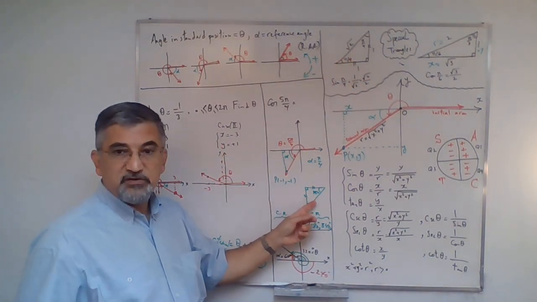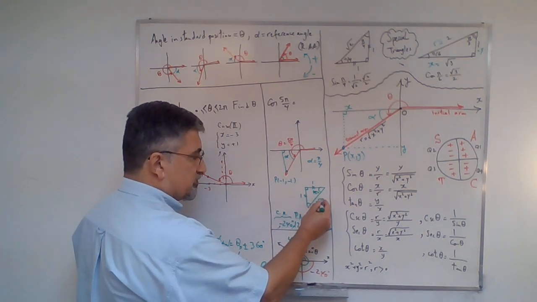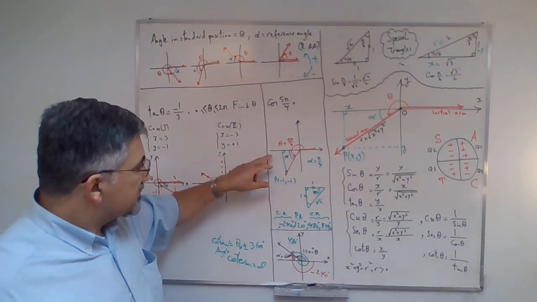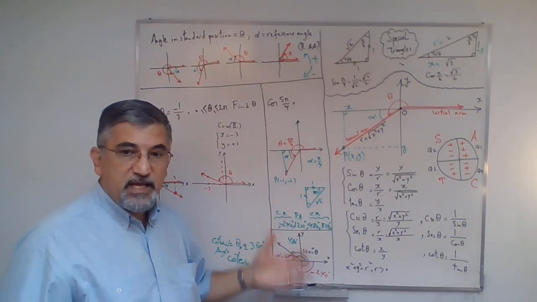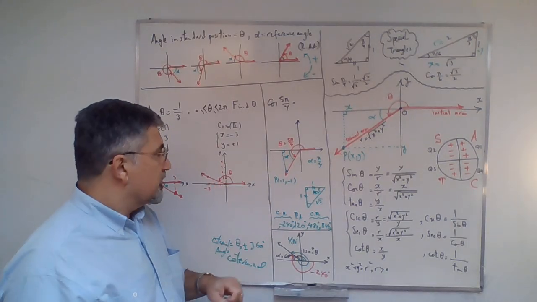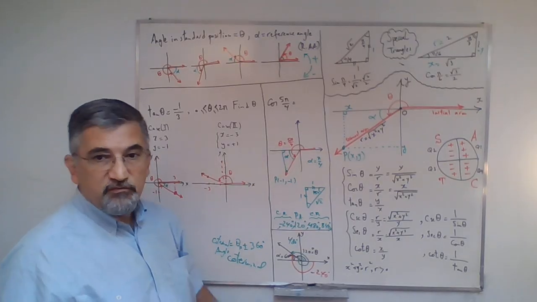So here we have a 45 degree angle. So that means that this could be 1 unit, this could be 1 unit, this could be √2 units, just using the standards that we have before. But the thing is that here, the x and y coordinates are negative because the terminal arm lies in the third quadrant. So how can we calculate cosine of 5 pi over 4?